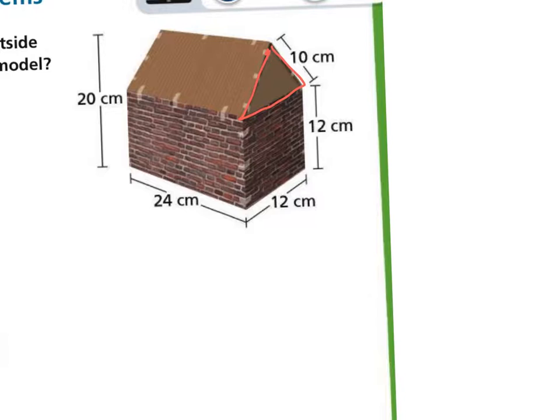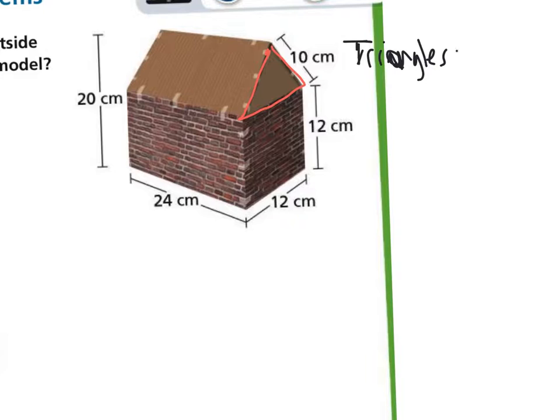Rectangles, good. So we're going to look at all of our different pieces here, find our areas, and add them together. Since triangles was mentioned first, we'll look at those first.